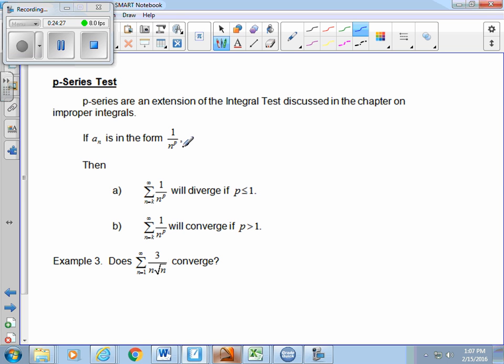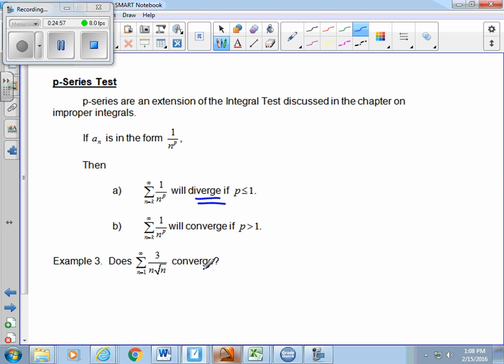So because of that, obviously negatives make perfect sense. The p-series test even goes a little farther than that, which you discovered when we did improper integrals, but it's been a long time. If p is less than or equal to 1, the series is guaranteed to diverge. If 1/n to the p, if p is greater than 1, it's guaranteed to converge.